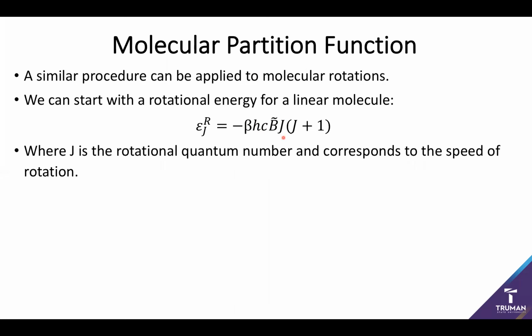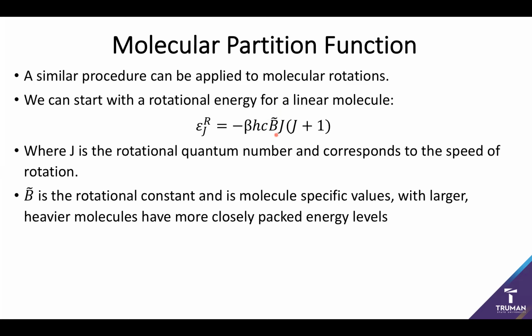So if I have a J of 0, it essentially means I've got no rotational energy. Whereas as soon as I have a J of 1, now I've picked up speed a bit, J of 2, 3, and so on. As J goes up, the speed of rotation goes up, and you can figure out the energy of that corresponding speed by knowing your B, your rotational constant, this B value. So there's a lot that actually goes into trying to calculate B, and we'll talk more about that in PChem 2.